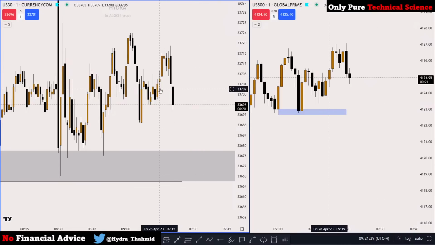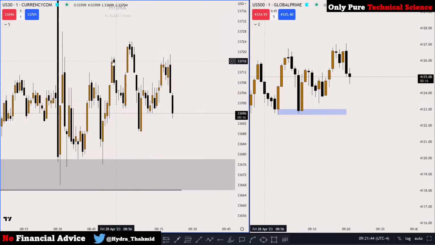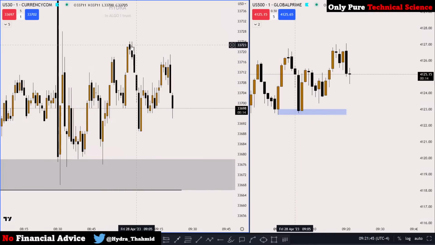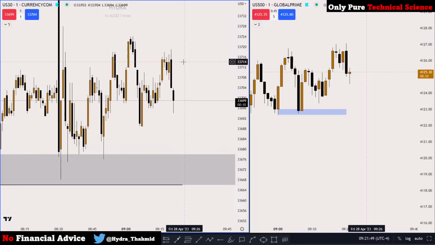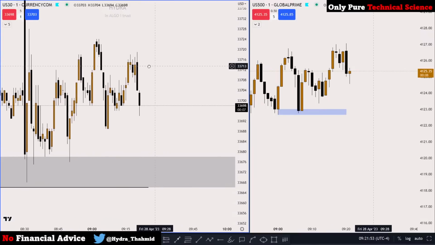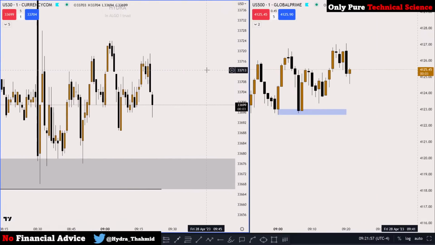US 30. I don't see anything on US 30, to be honest. I do see a breaker block here. Price did a stop hunt here. But at the same time, I do see relative equal highs. So it's not a favorable condition for me to take a trade. I will not touch US 30 today.